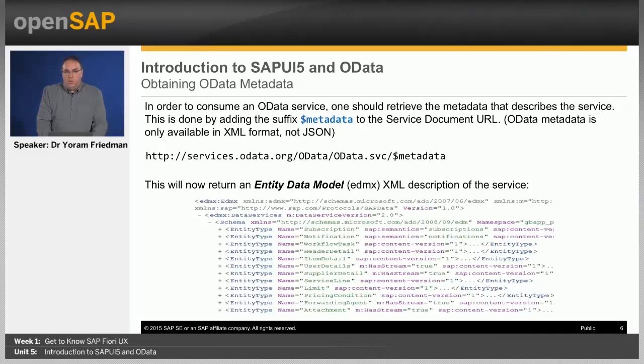That response is always going to be in XML. But that XML is going to describe the actual structure of the data. What are the data sets that I'm going to get? What are the different data elements? What is the data type of each and every element? Based on that information, I can actually structure a complete UI. I don't need the actual data. I just need the schema that describes the data that I'm going to get. And that's the purpose of the metadata.